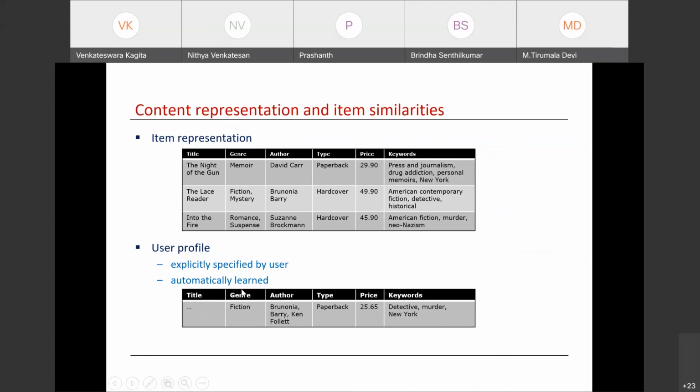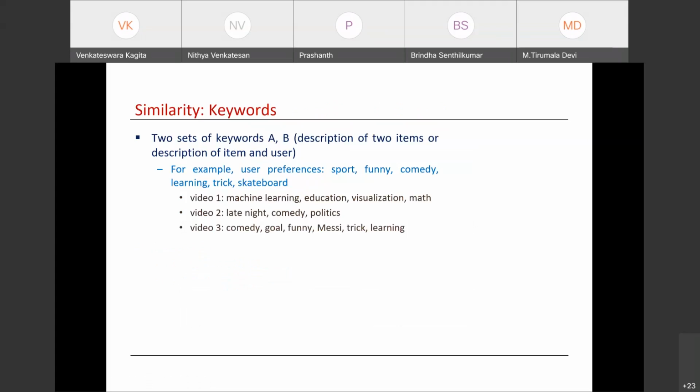This user profile has keywords like detective, murder, New York. So see which of these books intersects with these keywords more. Compute the similarity of the unseen item with the user profile based on the keyword overlap. If they are highly overlapping, it means it is highly similar. If there is less overlap, then it is less similar to the item.